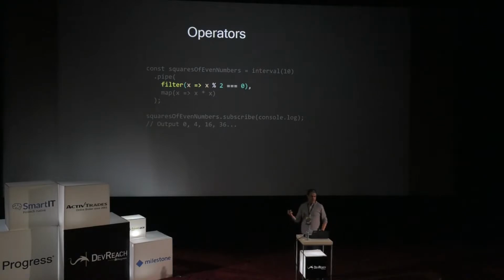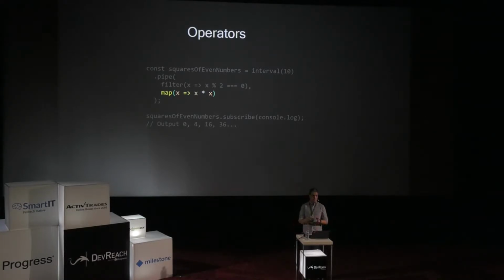Filter is a higher-order function, which means that this is a function that takes another function as an argument and returns a new function based on the argument that we have provided. So for example, right now, when our observable emits a number, this operator will check if the number is divisible by 2, and if it is, it will transmit it forward to the pipeline.